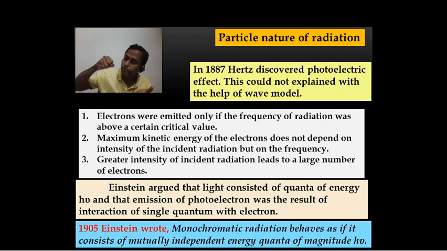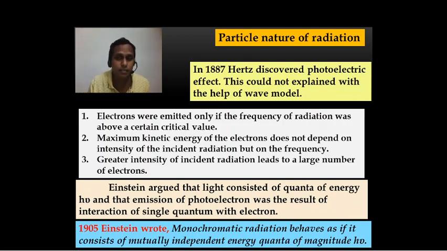So one photon is coming, a packet of energy called h nu. This h nu interacts with the electron and the electron is ejected. If two photons are coming, they interact with two electrons and two electrons are ejected.